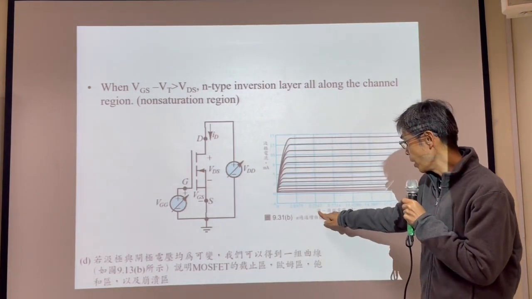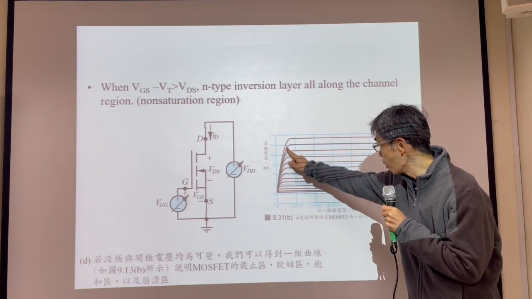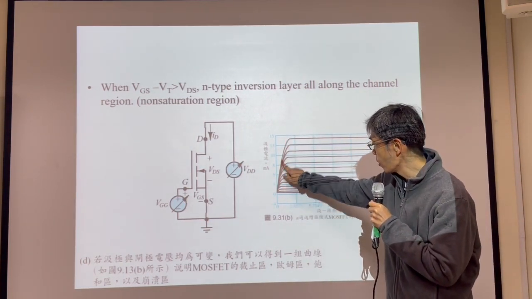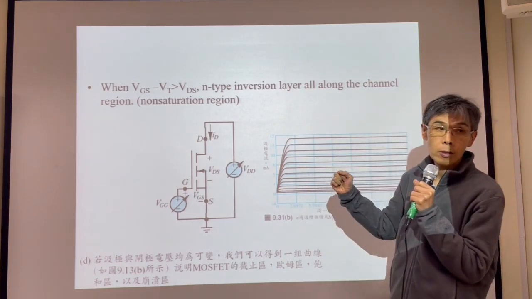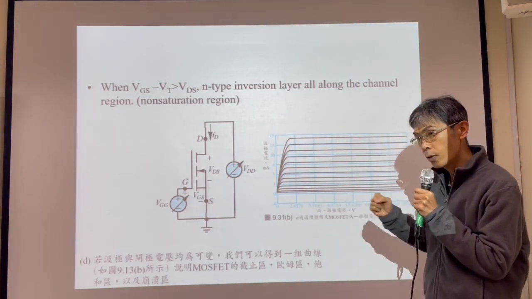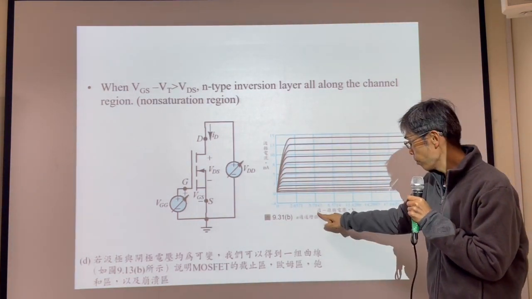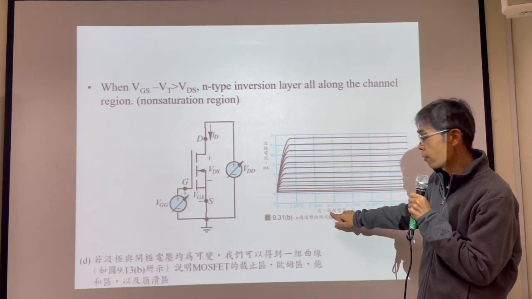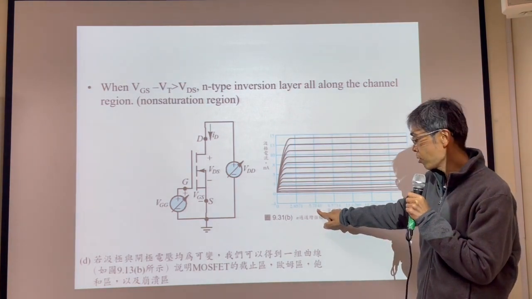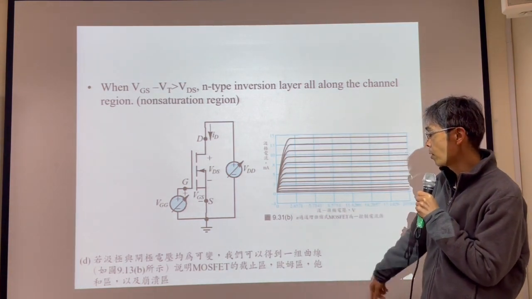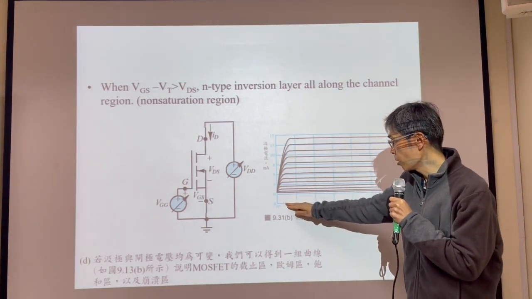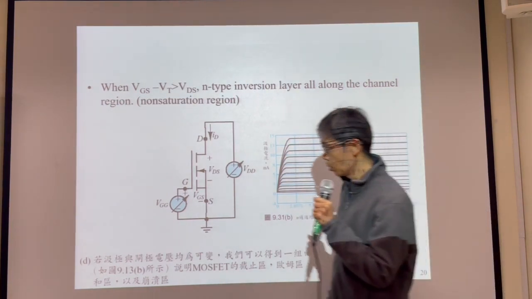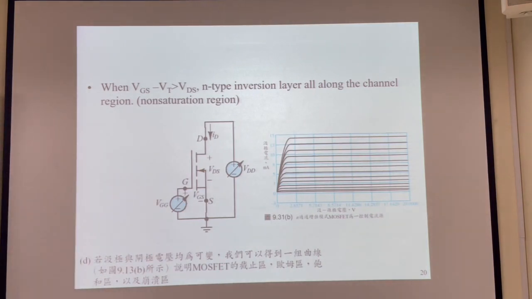But if VD minus VS is smaller than some value, we are in this linear region. But if we increase VD, then this is VDS. We just think S is the ground, so you can take this as VD, okay? So increase VD to some value, then it becomes this way.